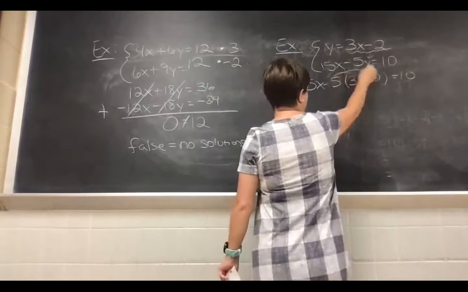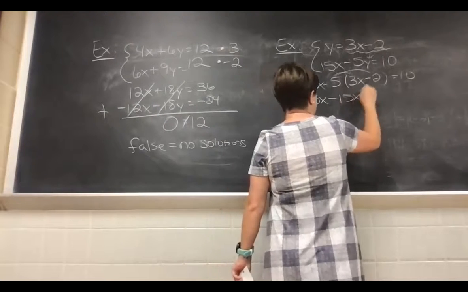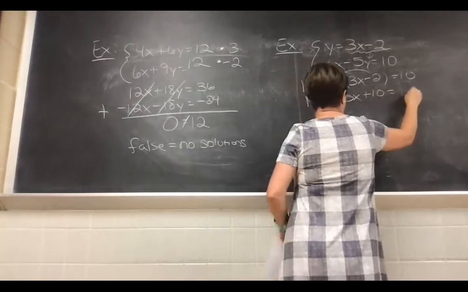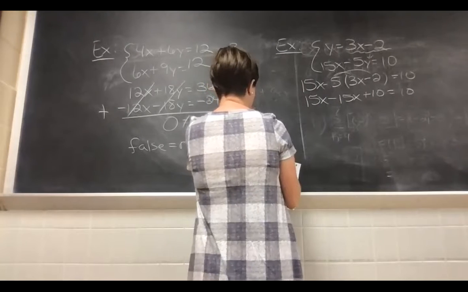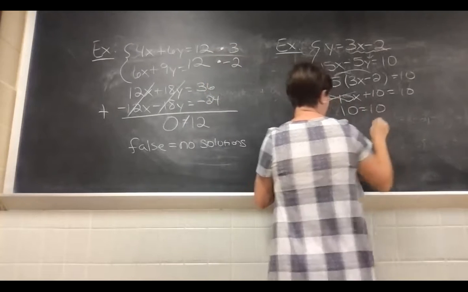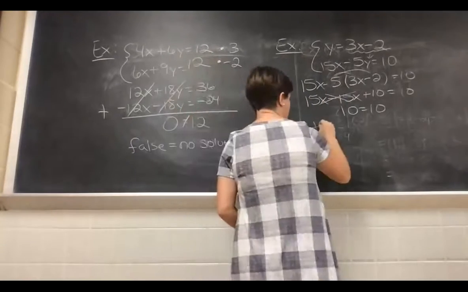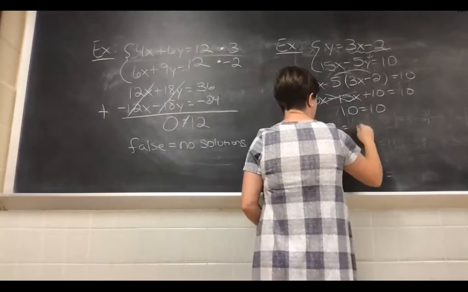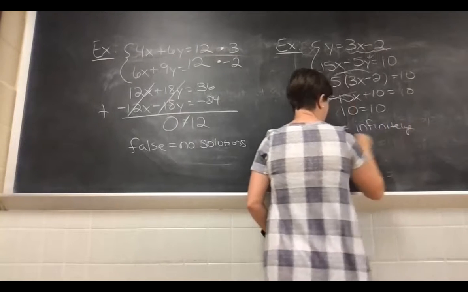I'm going to distribute my 5. So 15x minus 15x plus 10 equals 10. Notice I have 15x minus 15x, so that's going to go away. So I'm left with 10 equals 10. Is that true? 10 equals 10. Yeah, that's always true. And since it's always true, that means there's infinitely many solutions.